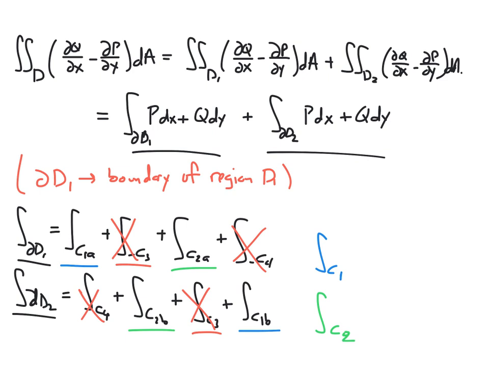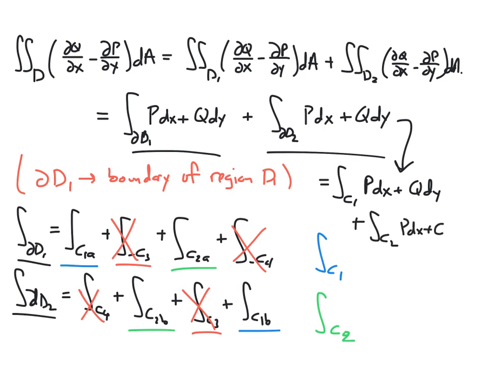And so we get the punchline that the sum of these two integrals right here will actually be equal to the integral over c1 of p dx plus q dy plus the integral over c2 of p dx plus q dy.